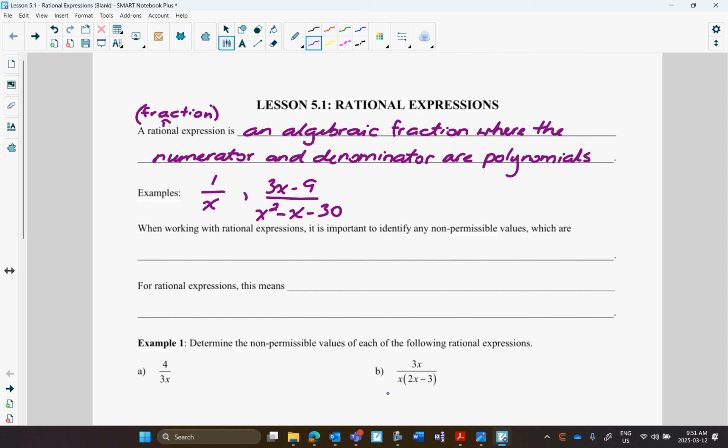Now, when we have variables in the numerator and or the denominator, there's something extra we've got to do, especially when there's variables in the denominator. So if I give you this very simple one.